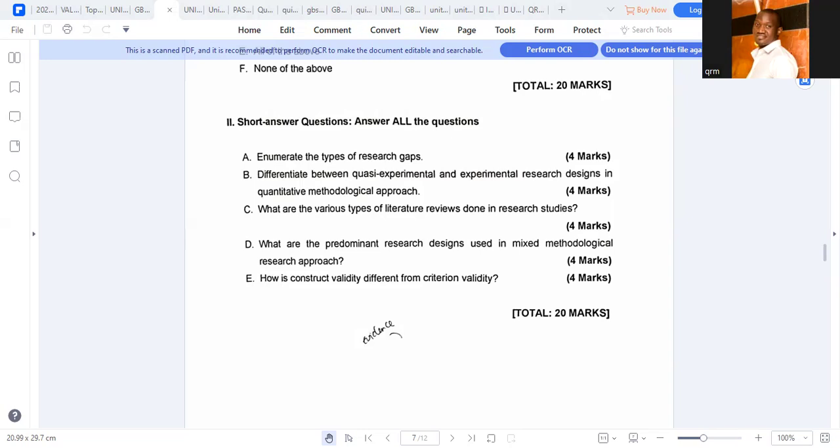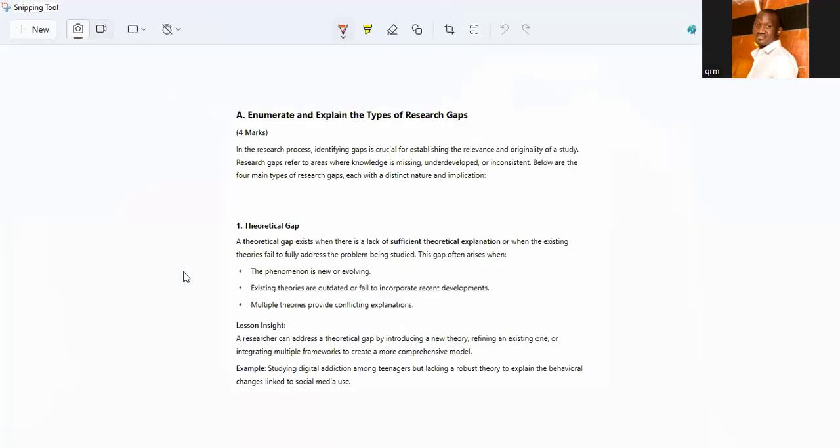By definition, a gap is simply a vacuum, a missing item. There's one gap that we call the theoretical gap. The theoretical gap exists when there's a lack of sufficient theoretical explanation.